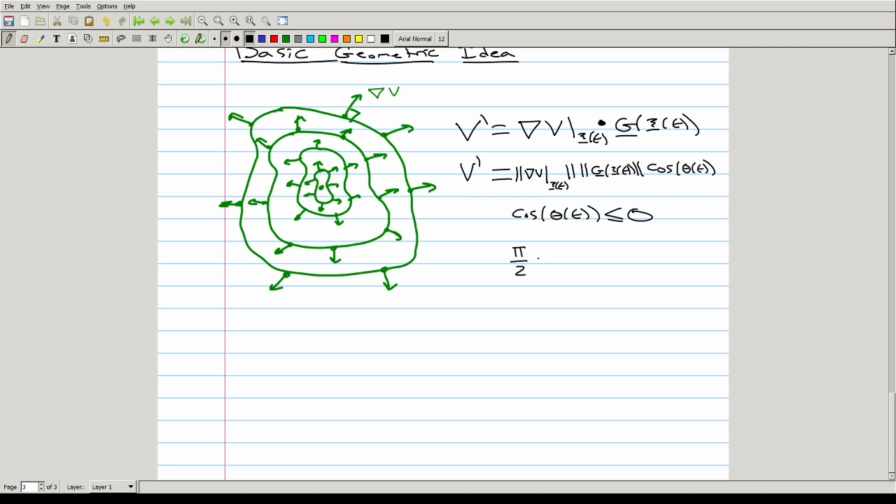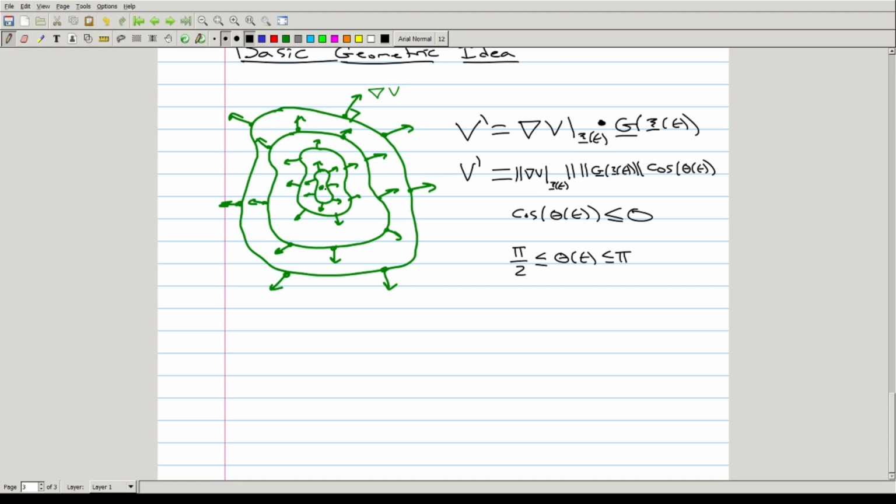Which means that theta of t is between pi over 2 and pi. This is the angle between the gradient vector and psi of t.